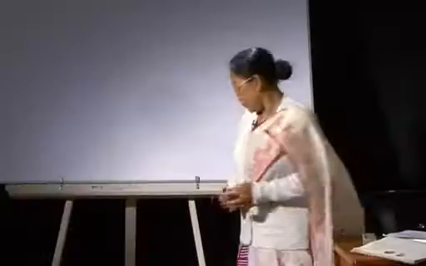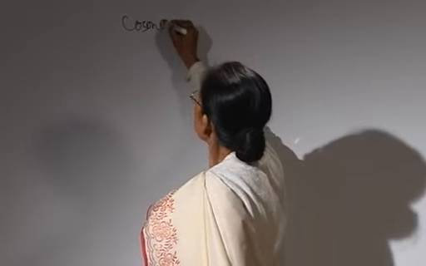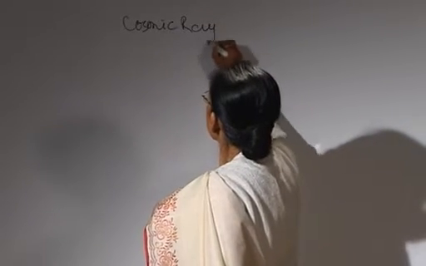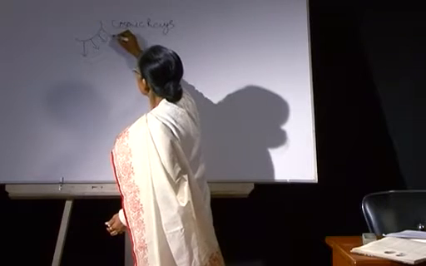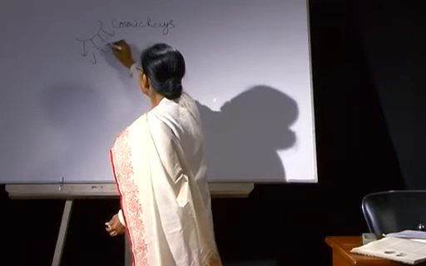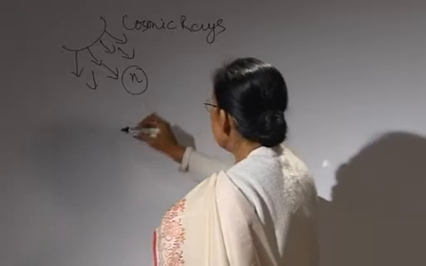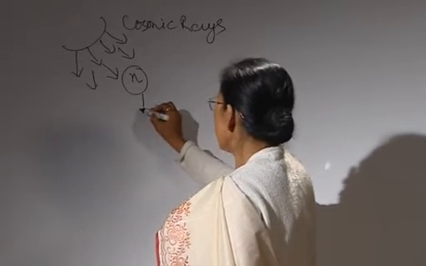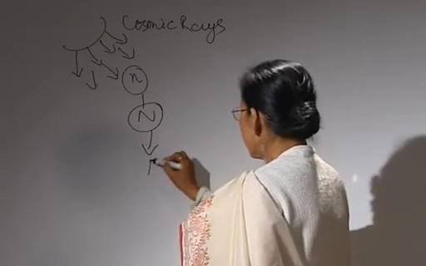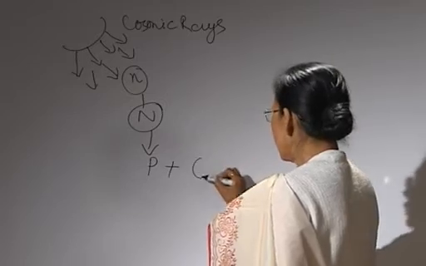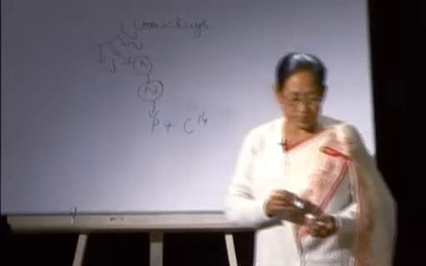Cosmic rays react in the atmosphere and produce neutrons. Then these neutrons react with nitrogen in the atmosphere and produce a proton and an atom of C14 instead of the normal C12.